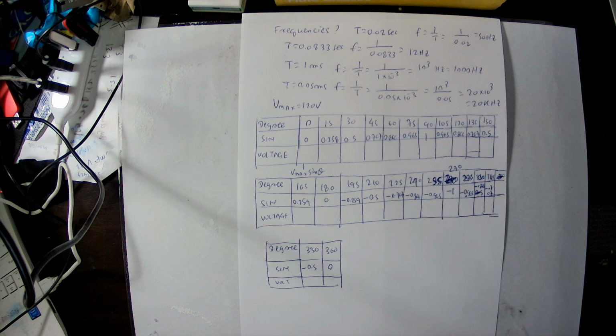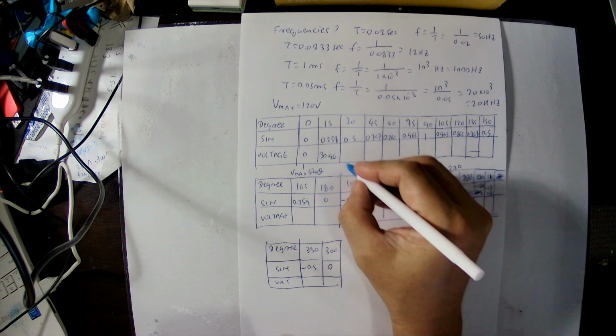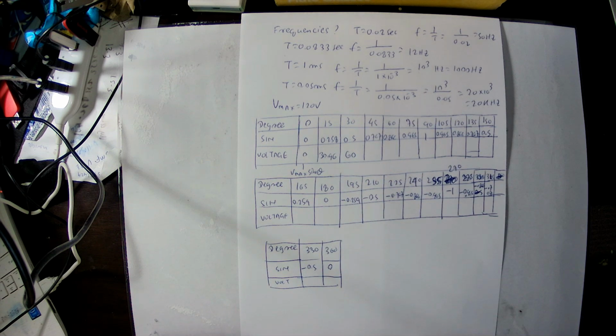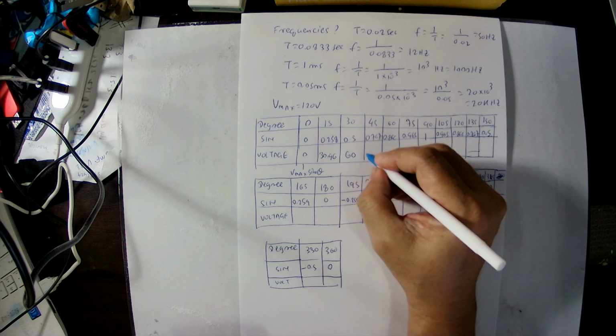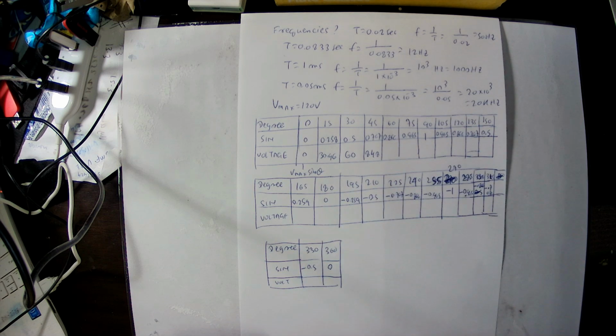So we multiply 120 by 0, which is 0. 120 multiplied by 0.258 is 30.96. 120 multiplied by 0.5 is 60. 120 multiplied by 0.707 is 84.84. 120 multiplied by 0.866 is 104.